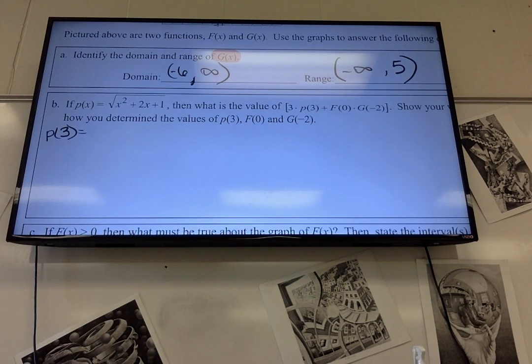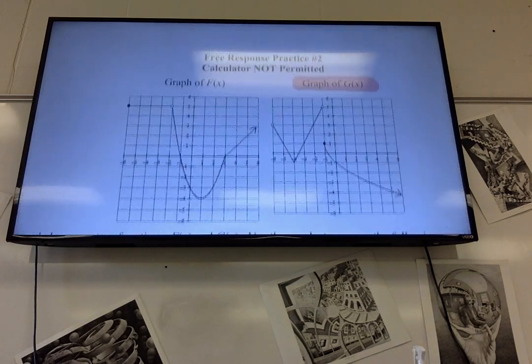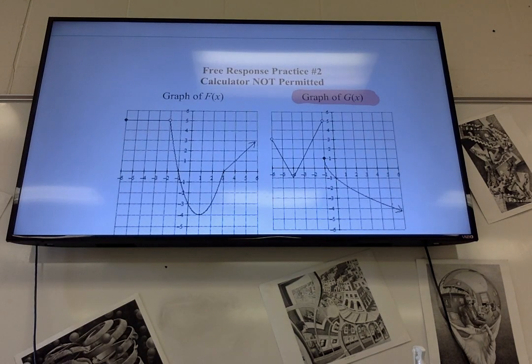And the main thing on a free response question is that you show your work. Now, I don't mean you have to show how you multiplied things together, but you have to show how you plugged things in and then how you got the answer. This one is a calculator not permitted problem, so you wouldn't be using a calculator if this was on a test or a quiz.